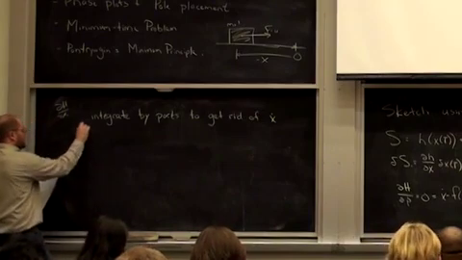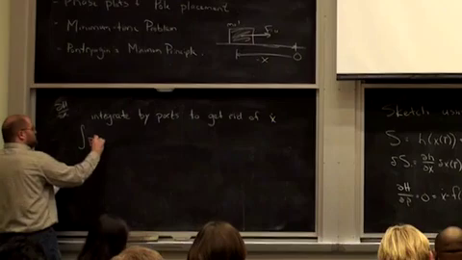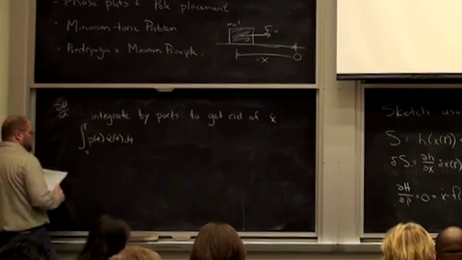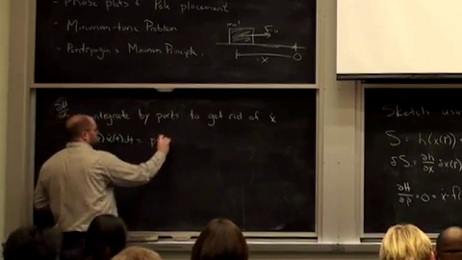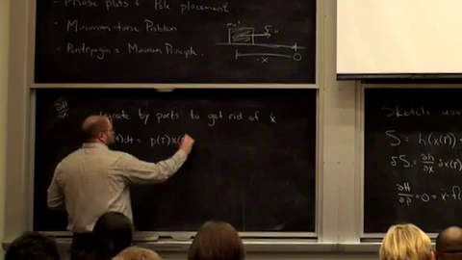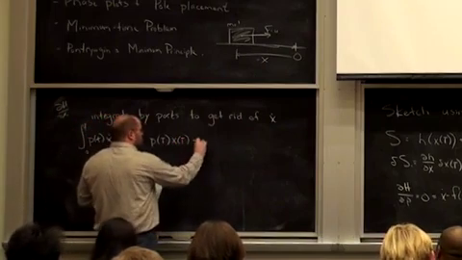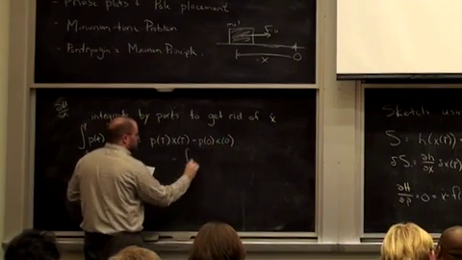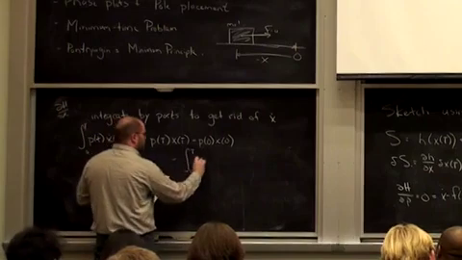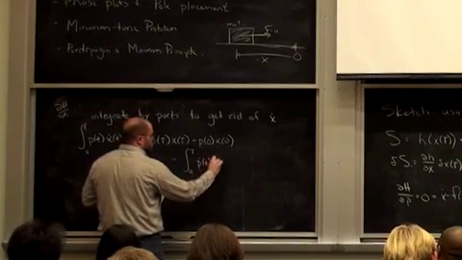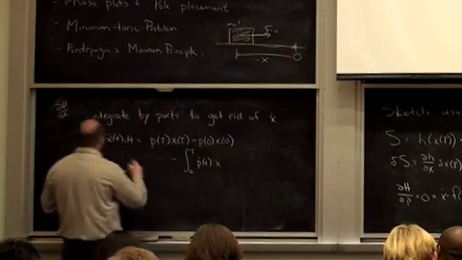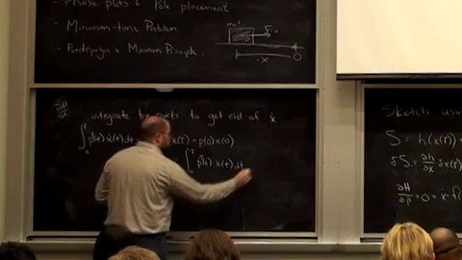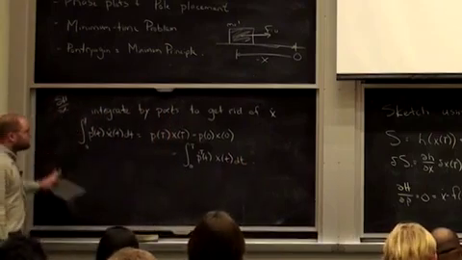So the integral from 0 to T of p of t transpose x dot of t dt is just going to be p of T x of T minus p of 0 x of 0 minus the integral from 0 to T of p dot of t transpose x of t dt. I forgot my transpose. Basic integration by parts.